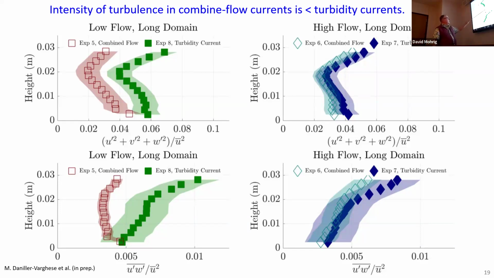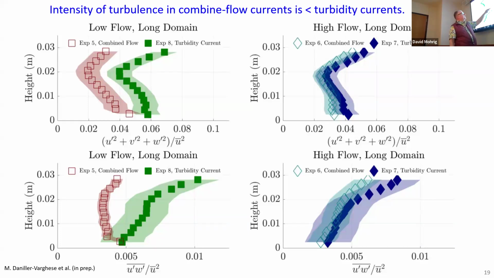And on top here, these upper ones, we're looking at the squares of the deviatoric velocities, dividing them by the mean velocity. And this can be thought of as a normalized or standardized turbulent kinetic energy. And so when we look at this, this is the combined flow, and this is the turbidity current alone.